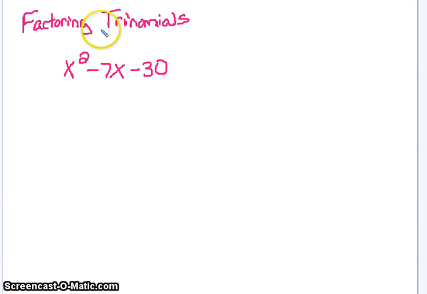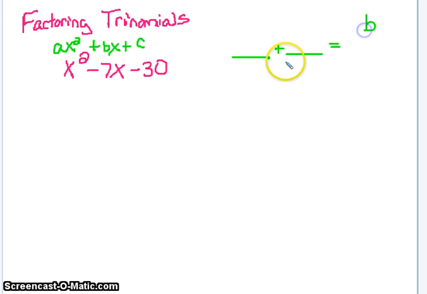And then I'm going to identify my standard form, ax squared plus bx plus c. I have to do my puzzle because I can't really do anything with 3 terms, but I am awesome with 4 terms. So something plus something has to equal my b, and something times something has to equal my a times c.